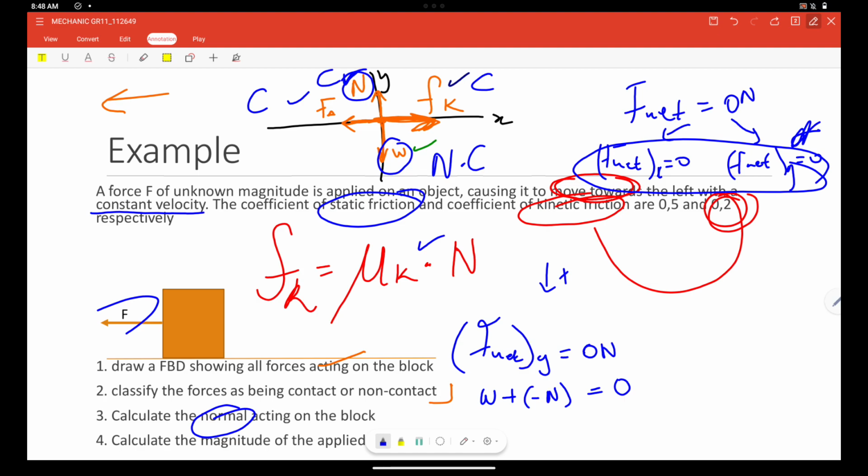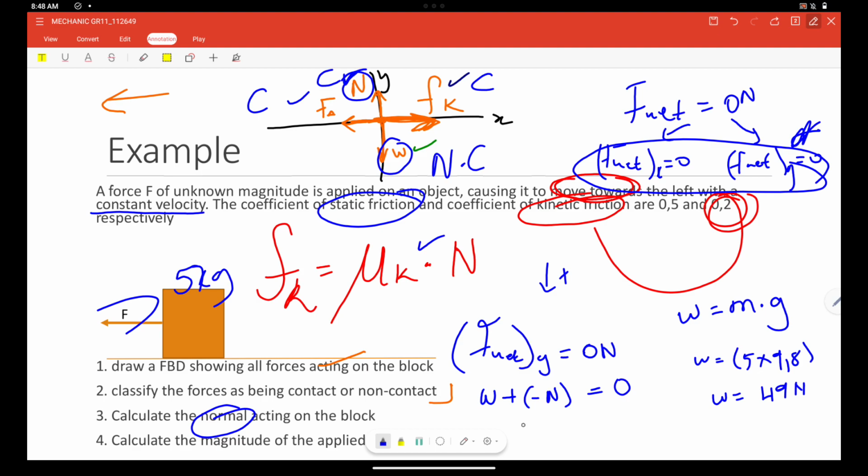But how do we calculate the weight? Remember we said the weight was equal to the mass multiplied by gravitational acceleration. I didn't give the mass of the block. Let's just assume it's a 5 kilogram block. So the weight will be equal to 5 multiplied by 9,8. If I punch that on the calculator, I find that the weight of the block will be 49 newtons.